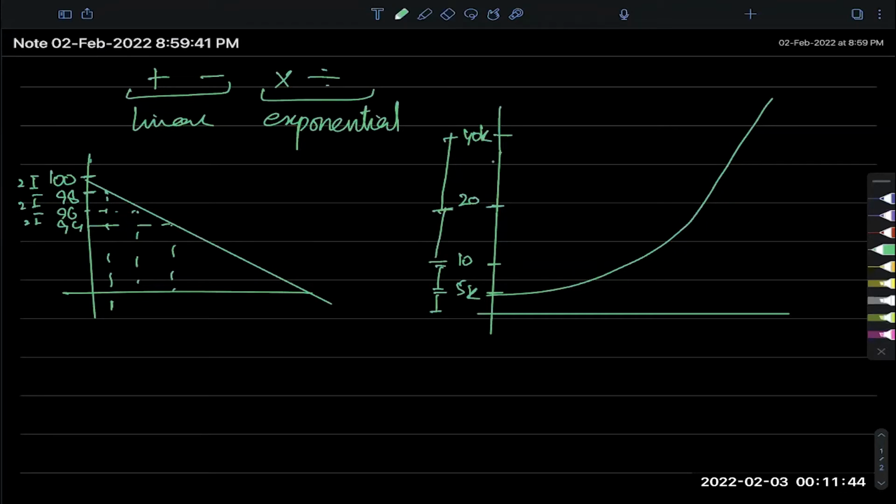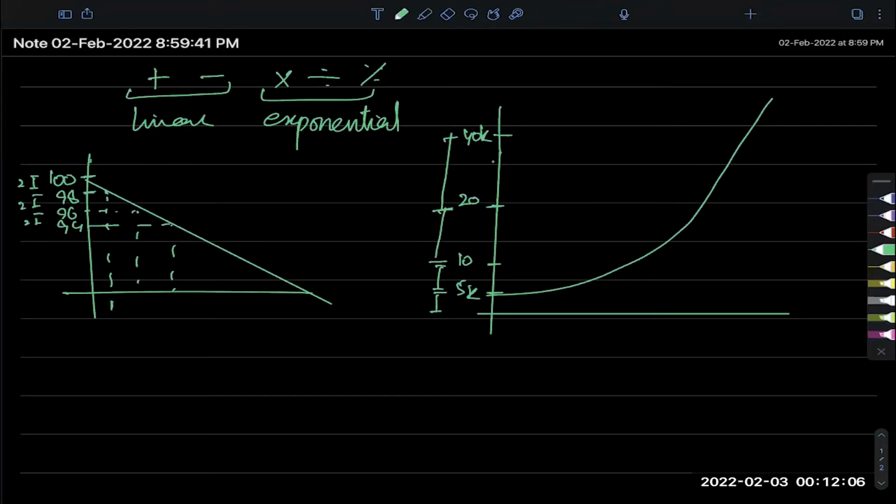Now, here's the thing. Exponential growth will also include percentage, by the way, because you are multiplying by 1 point something or 0 point something whenever you're increasing or decreasing. Okay, so we saw that in the previous lesson, the percentage decrease or increase.